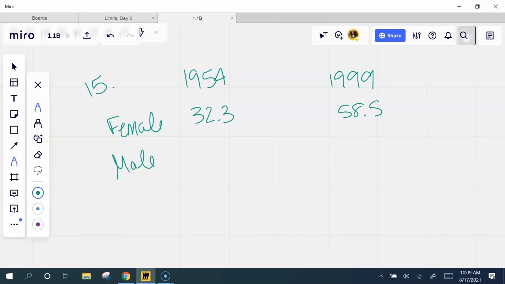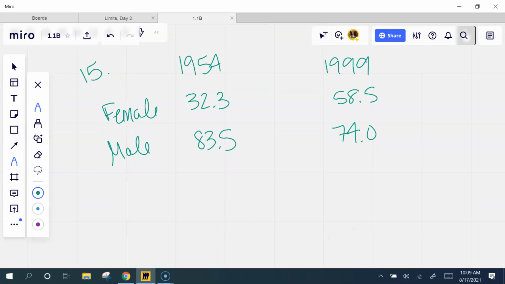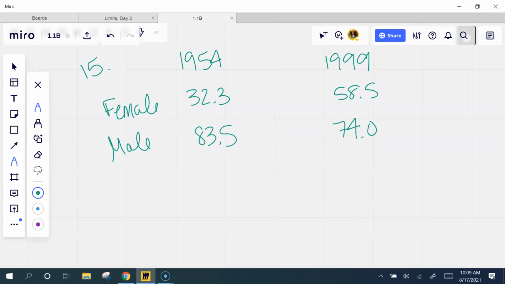And for the male, 1954 was 83.5 and 1999 was 74.0. So we'll do female first. You want to do male first?